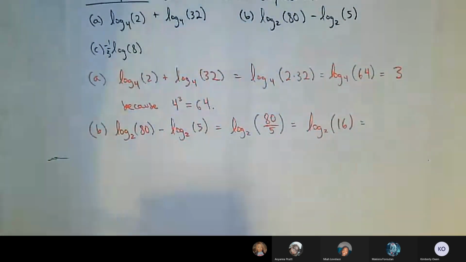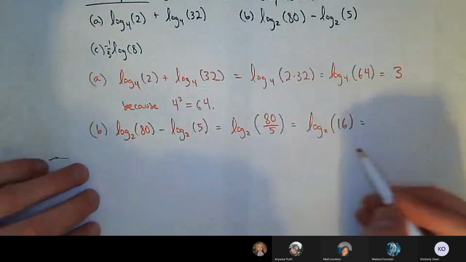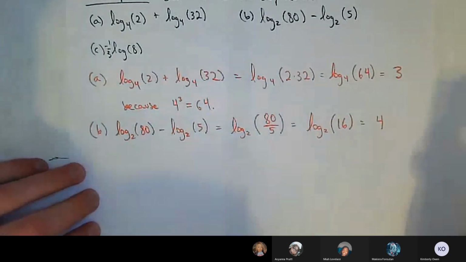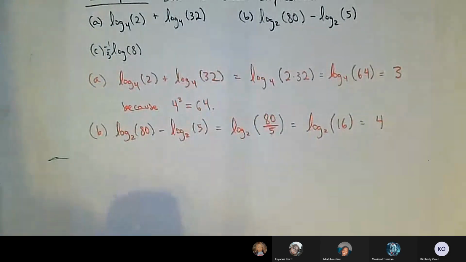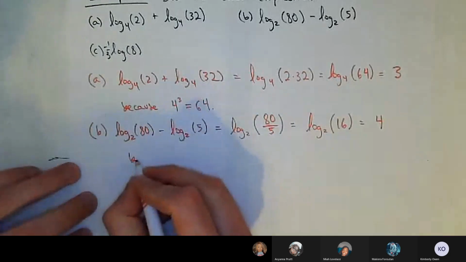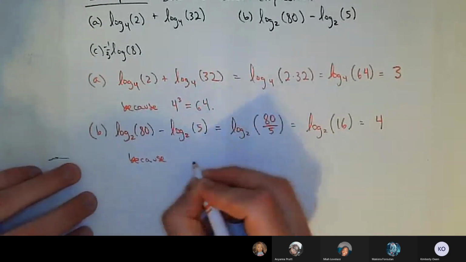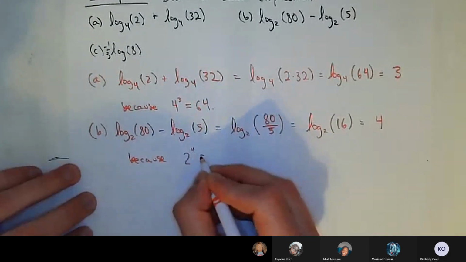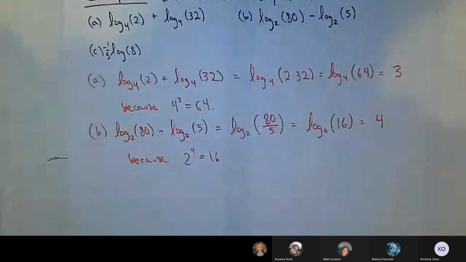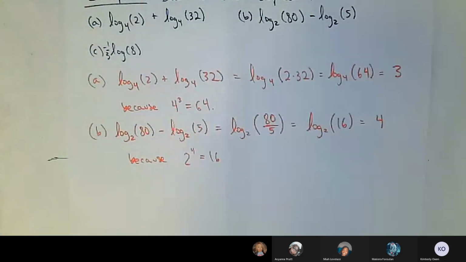But when we stuff them together, we get this relationship, and this does end up being a whole number. It's much easier to evaluate. And why is it 4? Because 2 raised to the 4th is 16. Okay, so that's the second law.